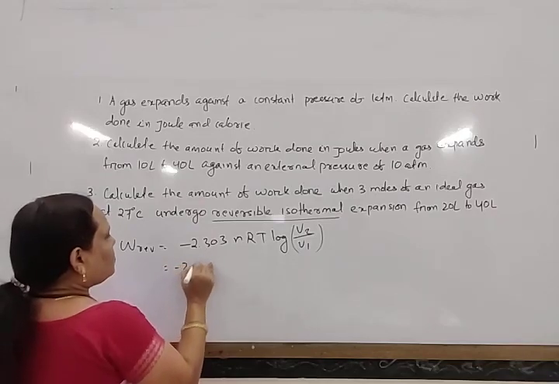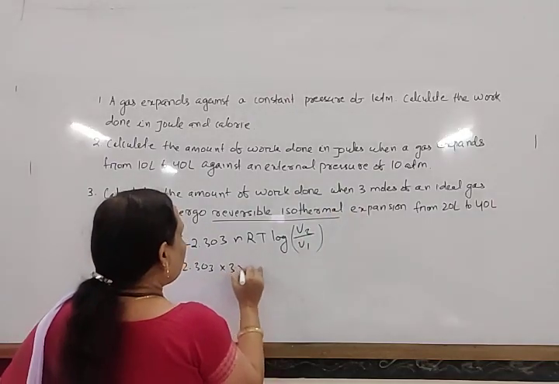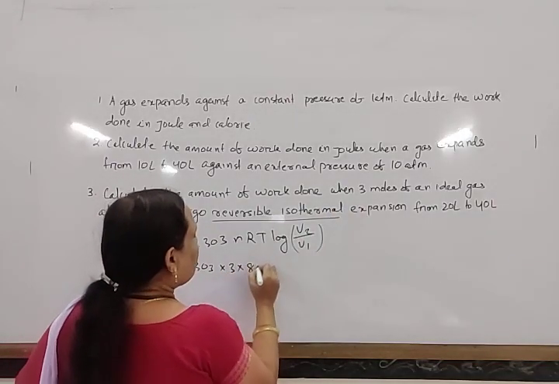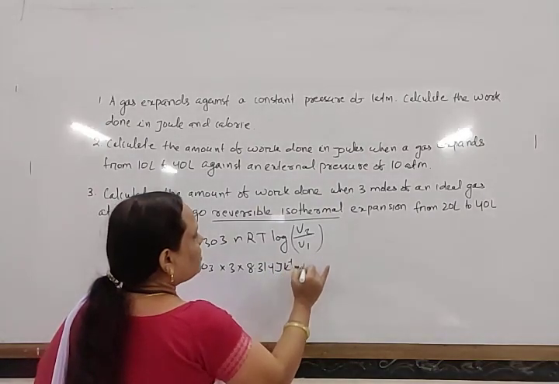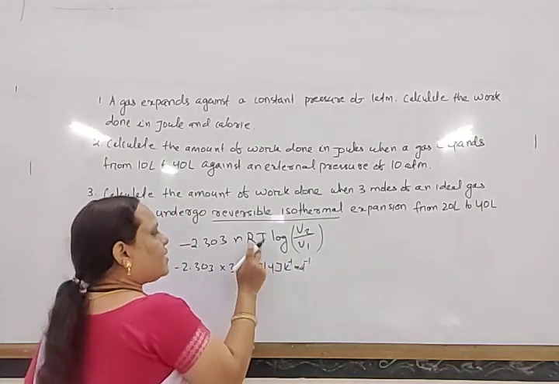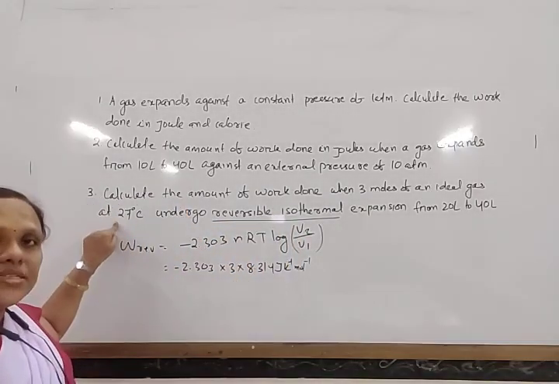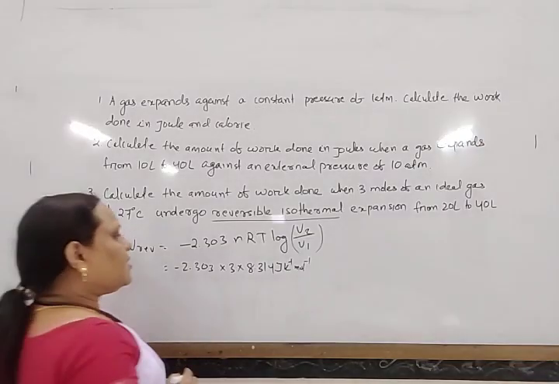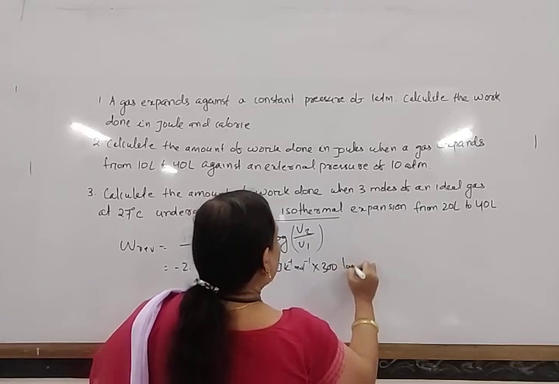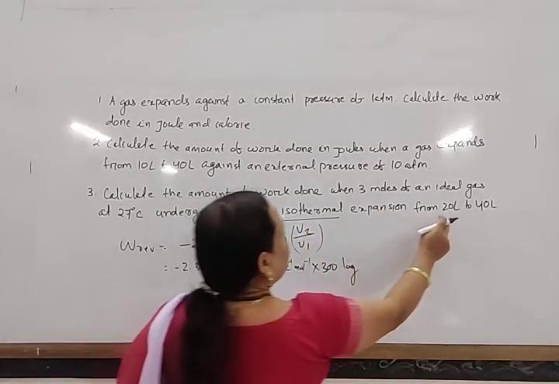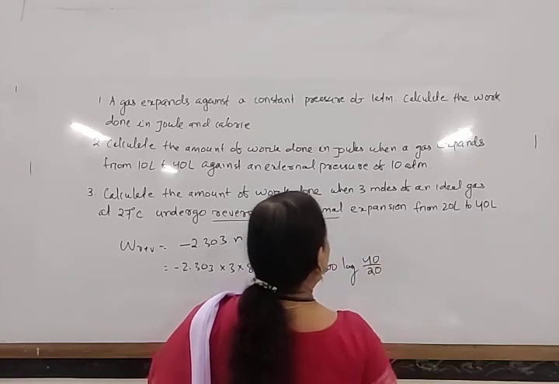So minus 2.303 into n value, which is given as 3 mole, R value in energy terms 8.314 joule Kelvin inverse mole inverse, and temperature, which is given as 27 degrees Celsius, 27 plus 273, that is 300 Kelvin, into log V2 by V1, final is 40, so 40 by 20.